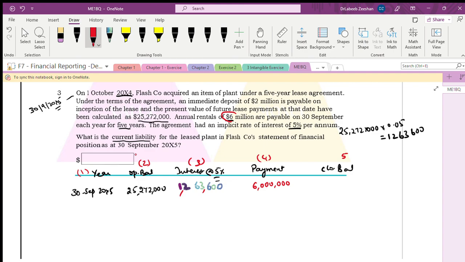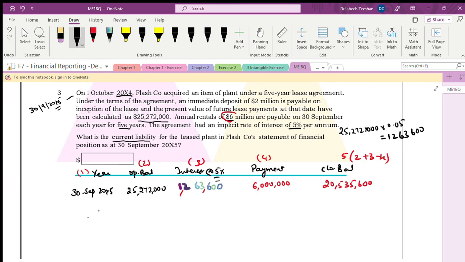This is how we have to do it: 2 plus 3 minus 4. Okay, 2 plus 3 minus 4 comes to 2,535,600. Fine, 2,535,600 as the next.